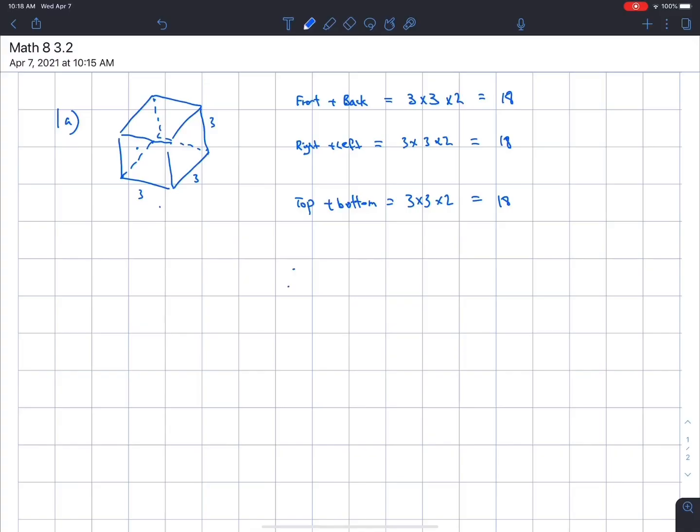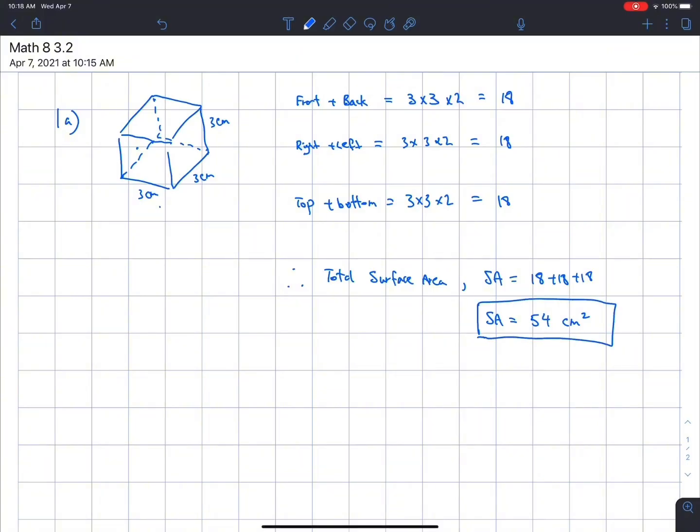So we can say that the total surface area, usually I'll just write SA, equals 18 plus 18 plus 18. And we get 54. And because all of these are in centimeter, and area is 2-dimensional, this will be centimeter square. That's the surface area of this cube.